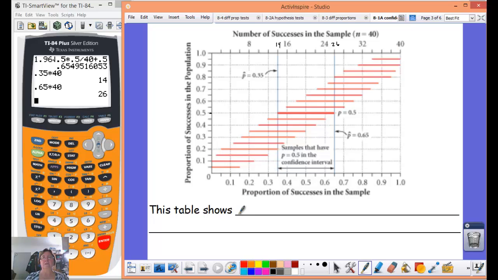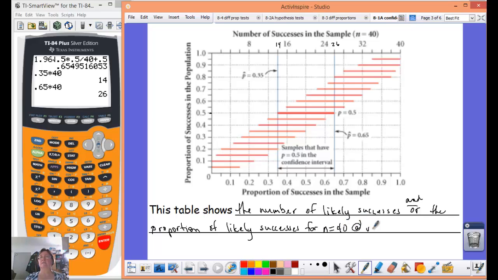So it shows the number and, or, the proportion of likely successes for some binomial experiment that's performed 40 times, for sample sizes n equals 40, at various levels of p.